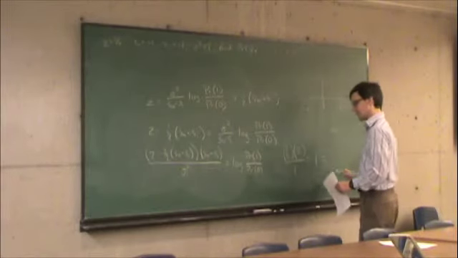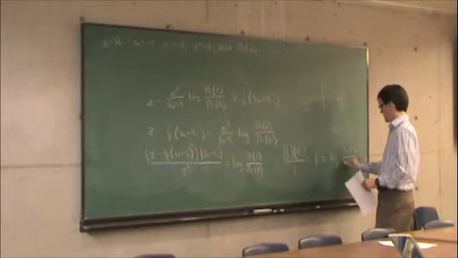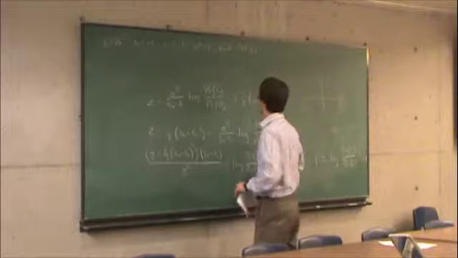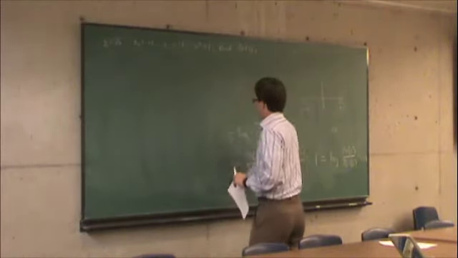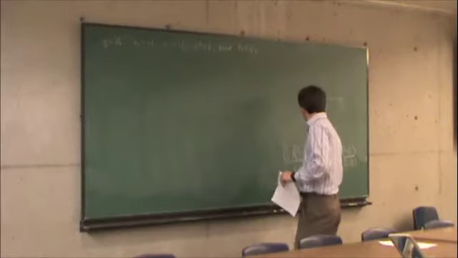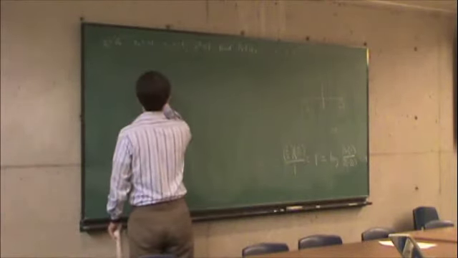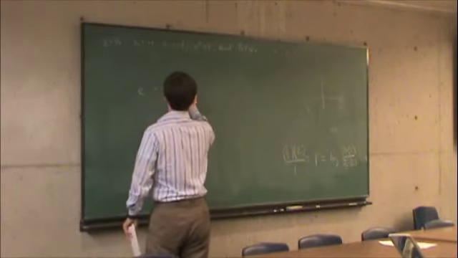So 1 is equal to log probability 1 divided by probability 0. I'm going to take e to the power of both sides. So e to the 1 is equal to probability 1 divided by probability 0.